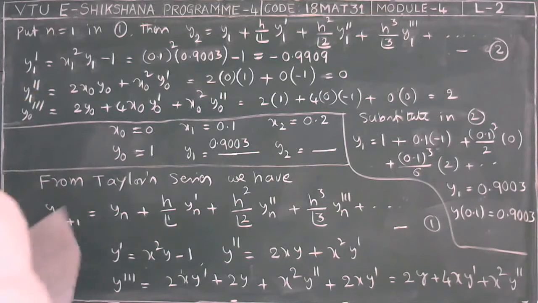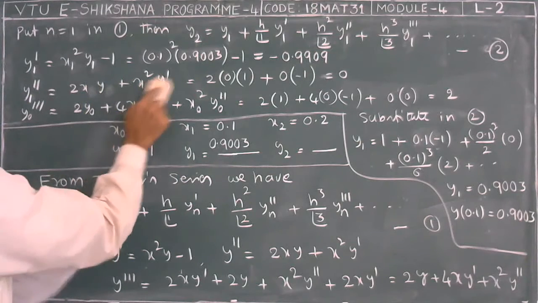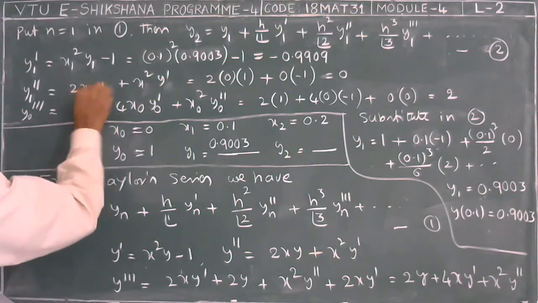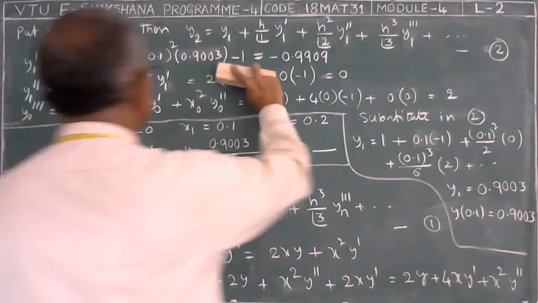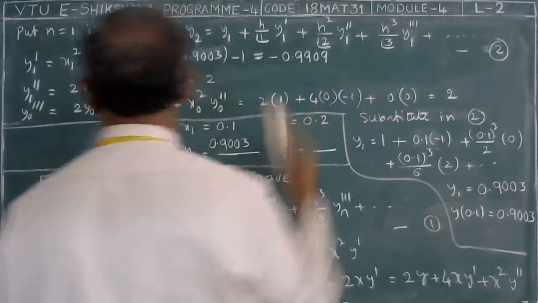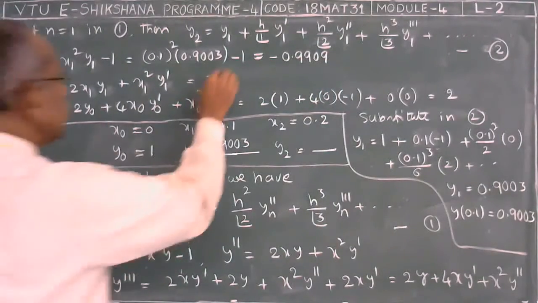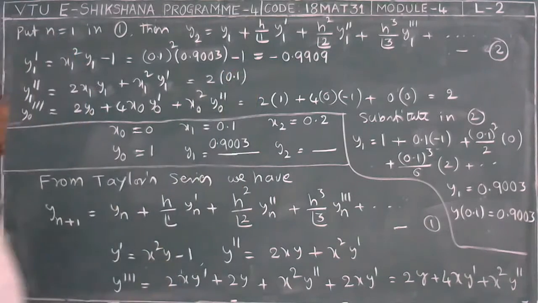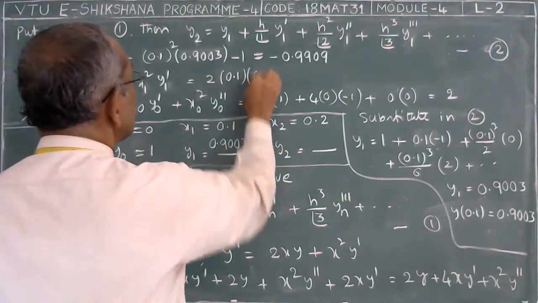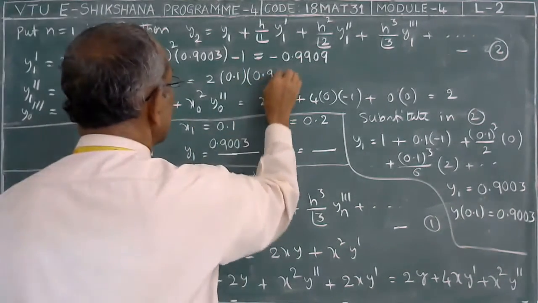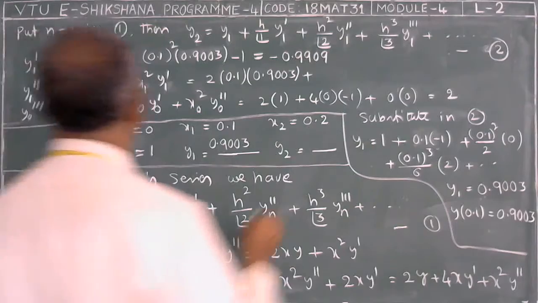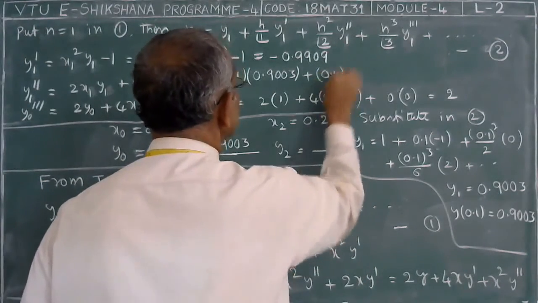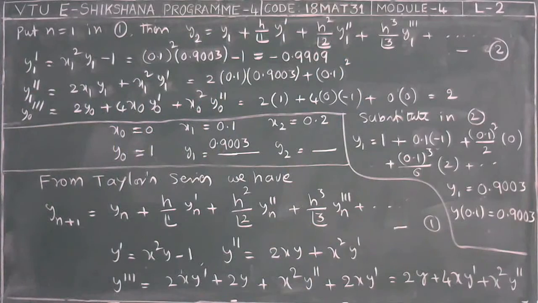Then y1 double dash. Y1 double dash is 2x1 y1 plus x1 square y1 dash. So now substitute the values for x1, y1. So 2 into 0.1, x1 is 0.1, into y1 is 0.9003 plus x1 square, that is 0.1 whole square into y1 dash.